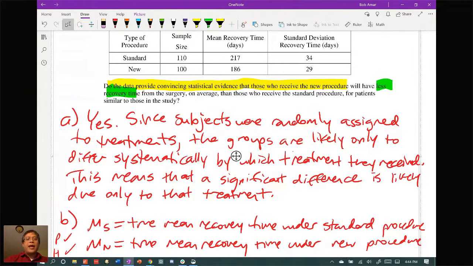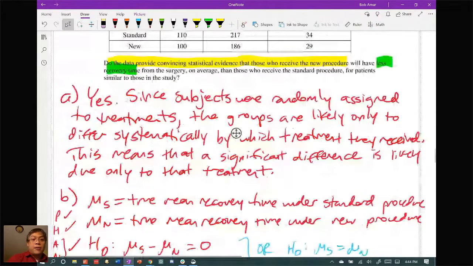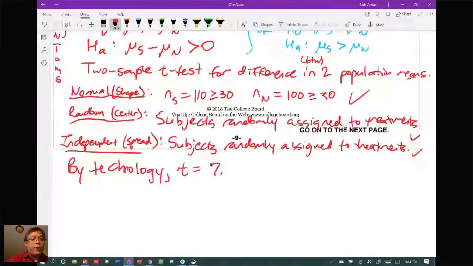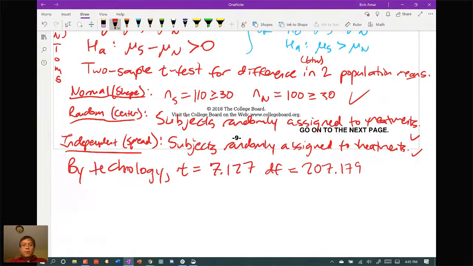Now you need to write down a few things in order to execute the test properly. By technology, the t-value for the test, I got 7.127, with the number of degrees of freedom. I like to put little slashes in my 7s, just so I know that they're 7s and not 2s, because my 2s are terrible. The calculator always uses the fancy number of degrees of freedom, the more powerful way of calculating it.